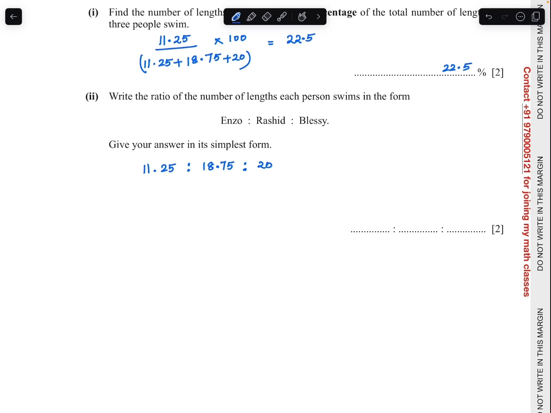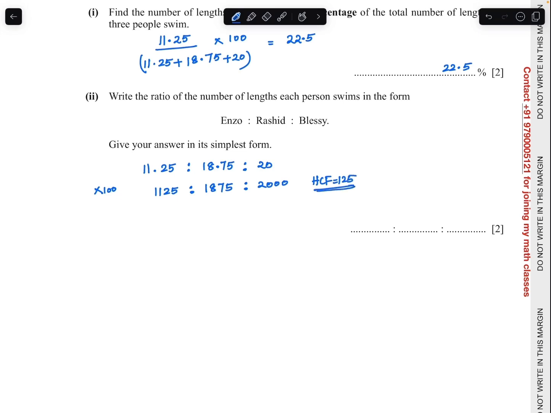So let me remove the decimal point from all of them. To do that, I am going to multiply all the three by 100. So I get 1125 is to 1875 is to 2000. Now the HCF of all these three is 125.